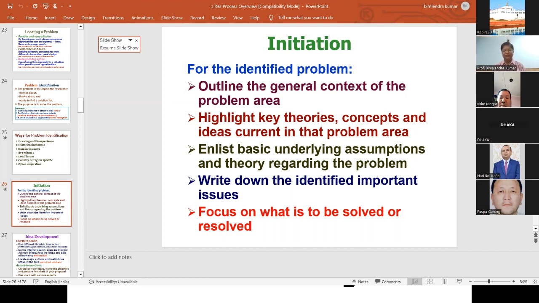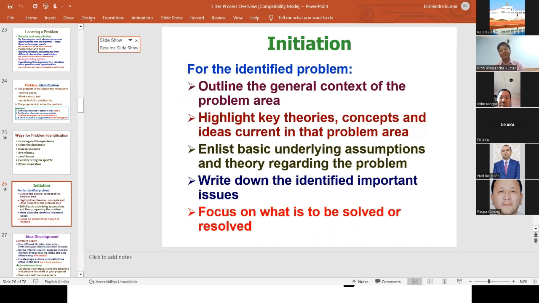The problems which are taking place have already been given some thought by our previous scholars, in the books also, in primary sources or secondary sources.